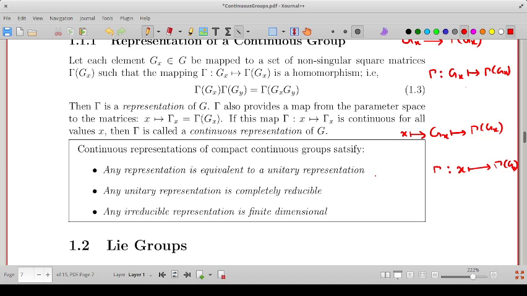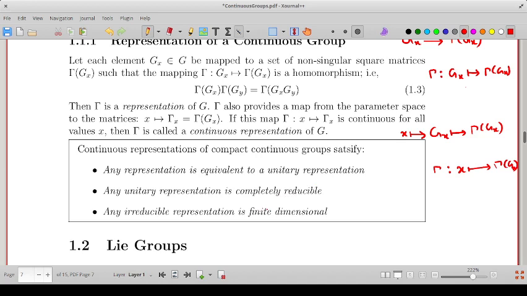Now, any unitary representation is completely reducible. Remember, in the case of discrete groups also, all reducible unitary representations were completely reducible. Similarly, over here, any unitary representation of compact continuous groups is completely reducible.